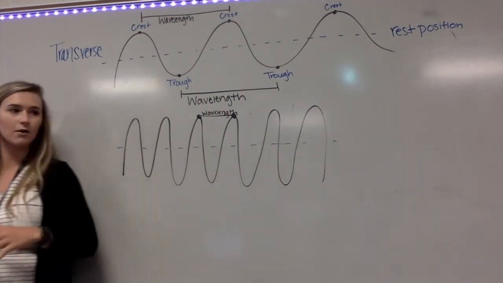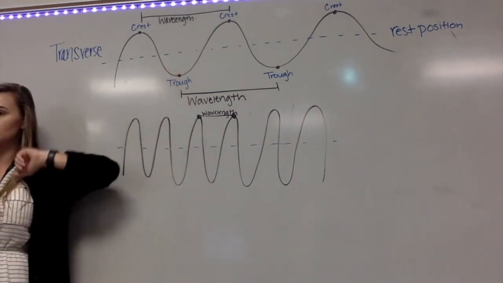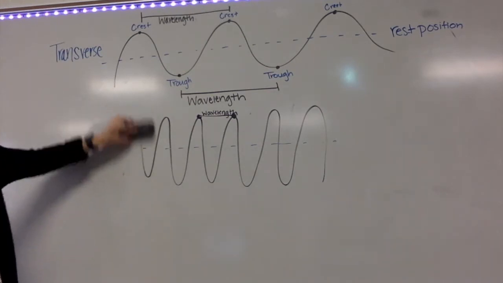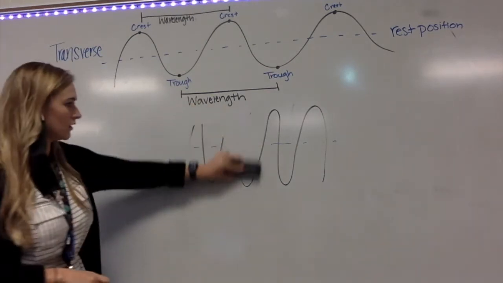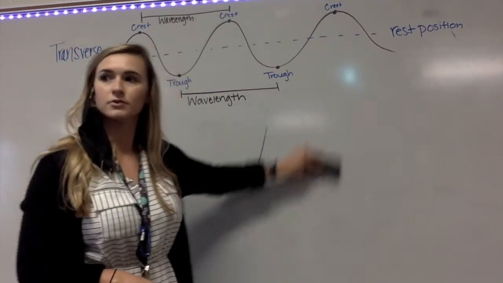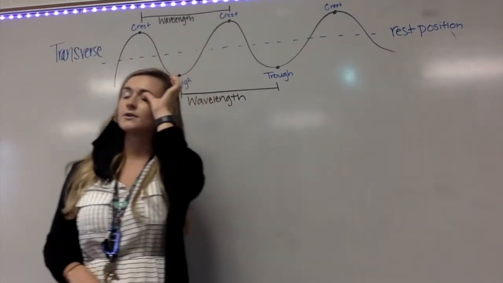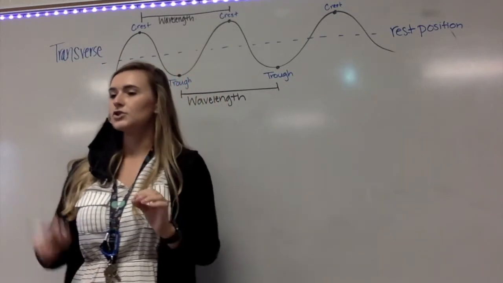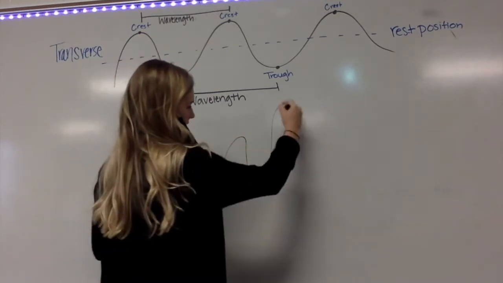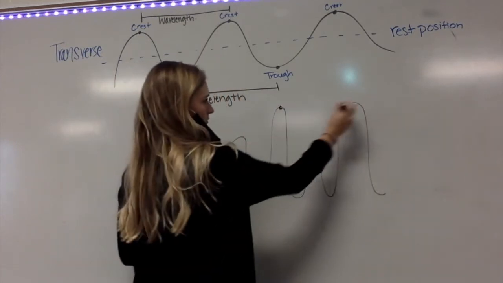Any other questions about wavelength for a transverse wave? This is how I find wavelength for a transverse wave. How do we find the wavelength if it's higher or lower? That's a different scenario that we're not going to have to do. You would find an equal one, an identical point. If it was all crazy, you would try to find the ones that are identical.